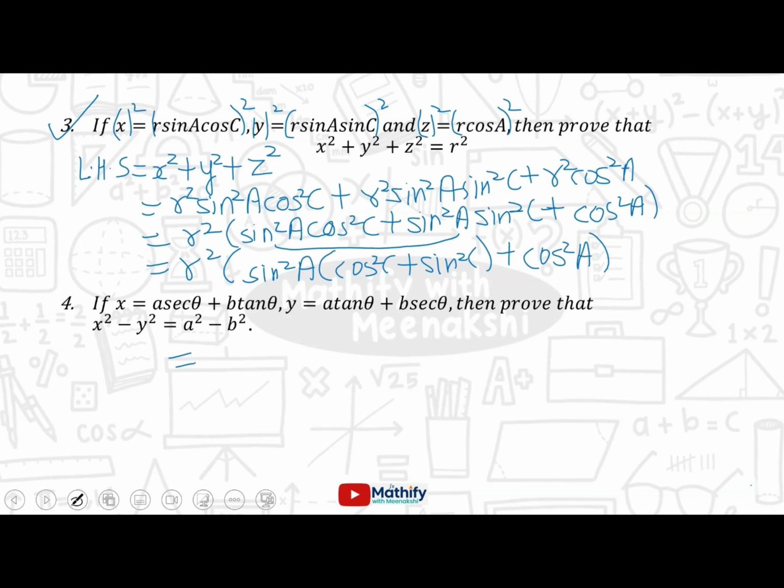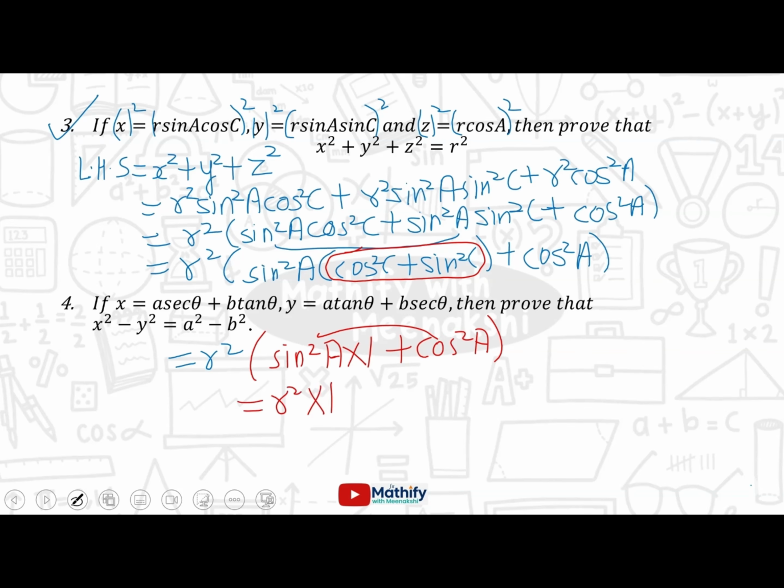Now, what is this cos square C plus sine square C? That is 1. So you can write R square sine square A into 1, that is, you can write sine square A only. But I'm showing you the step, plus cos square A. Now what is sine square A plus cos square A? It's 1 using the identity. So we have proved that this is equal to RHS. Hence proved.